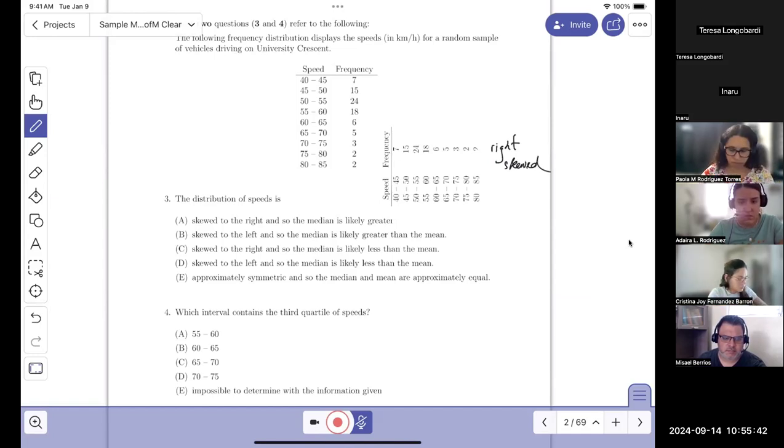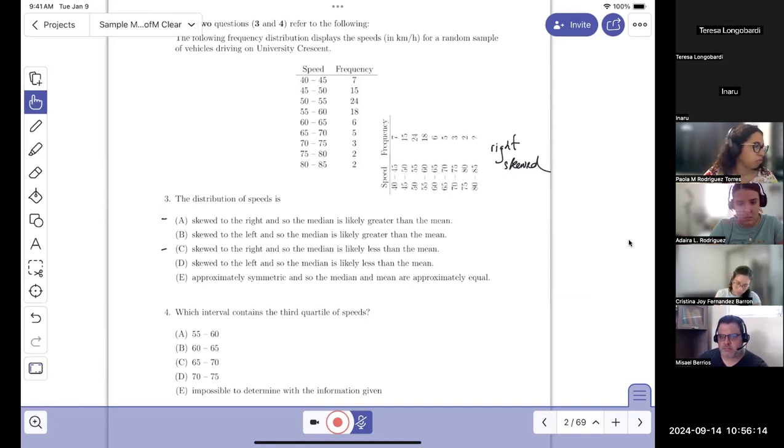Then I have to choose between A and C. Because it's right skewed, the mean is on the right, higher than the median. So the median is smaller than the mean, C.